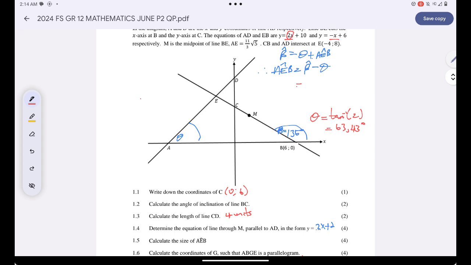So therefore the angle AEB will be beta. Beta we found 135 degrees minus 63.43 degrees.